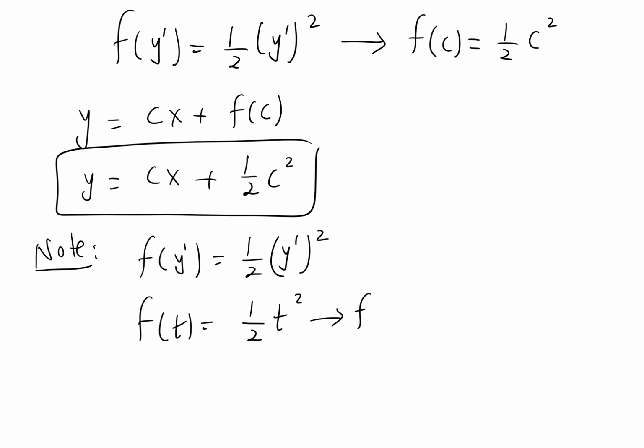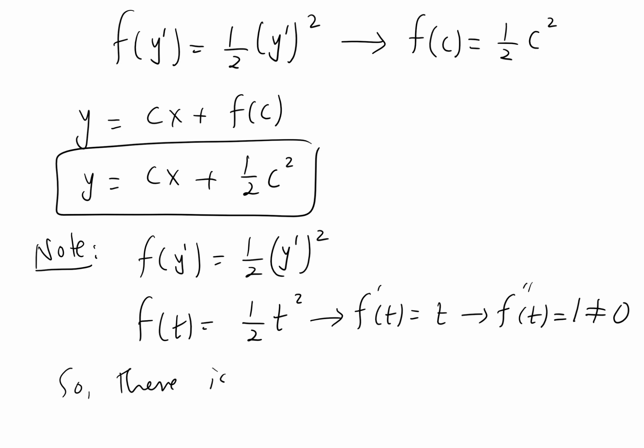Notice something, if you find the derivative of this, that would give us t, and the second derivative is simply 1, which is not 0. So this confirms there is a singular solution.